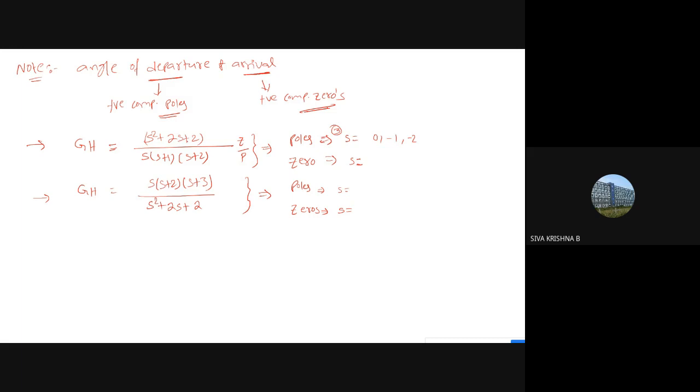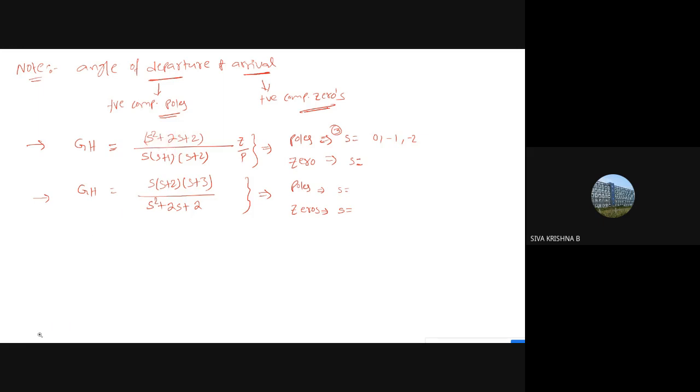By looking at the first one, you can say that these denominator poles are simple poles. That means the exact location you can find directly by looking at this. But coming to this zeros part, a second order equation is given, right? These 0, -1, -2 are nothing but roots only, right? Roots of those poles.